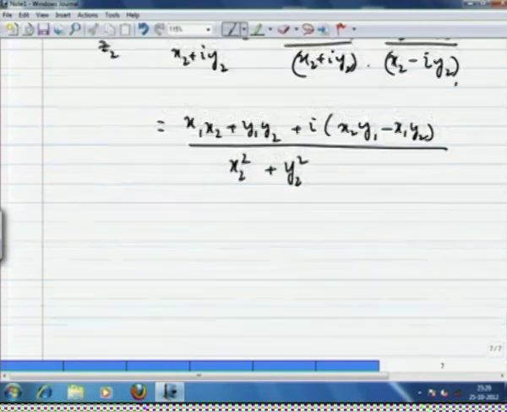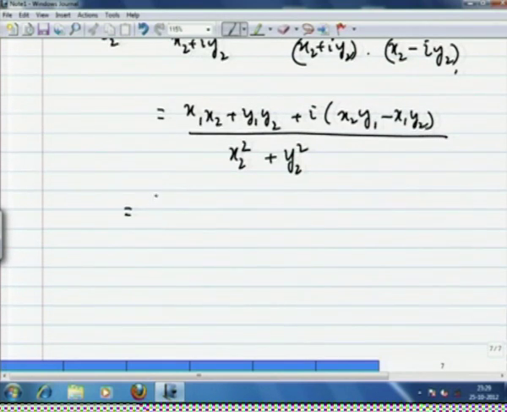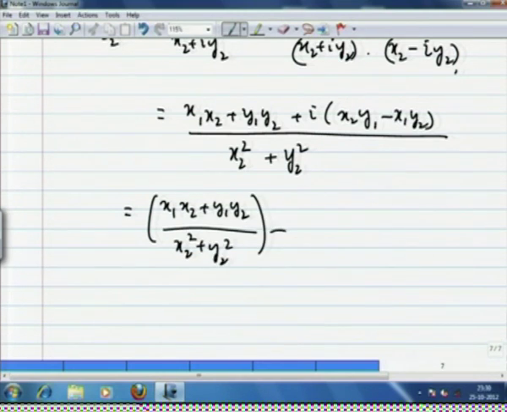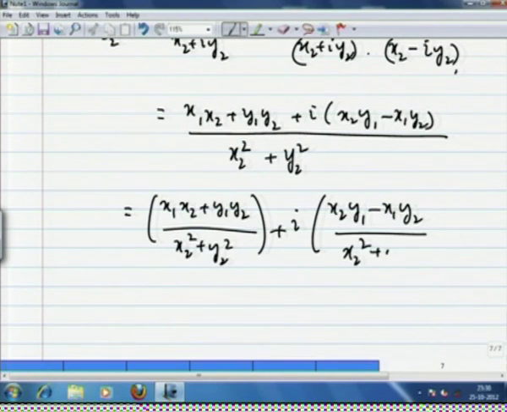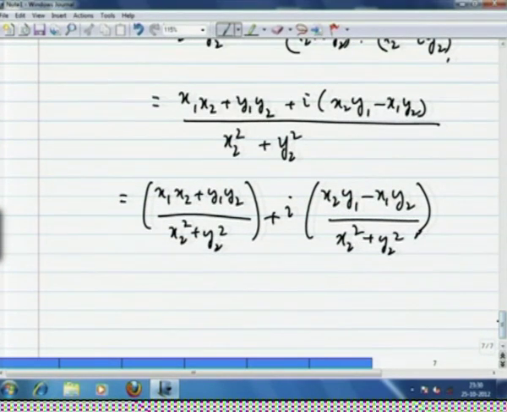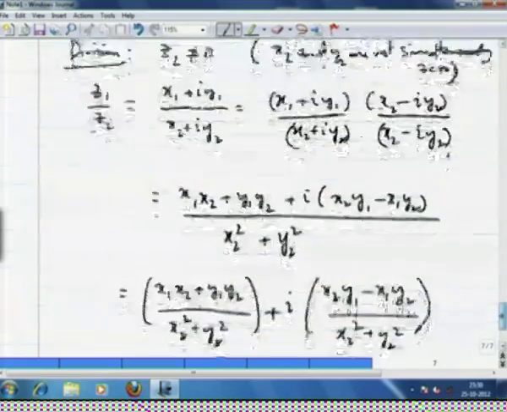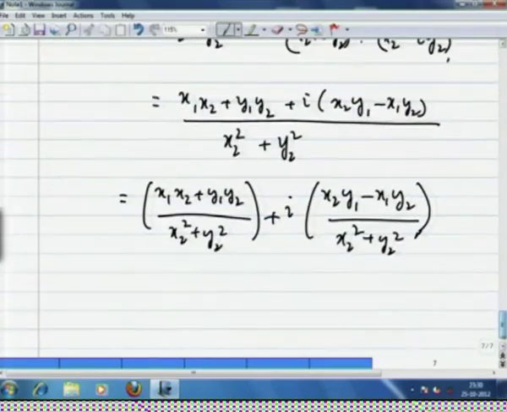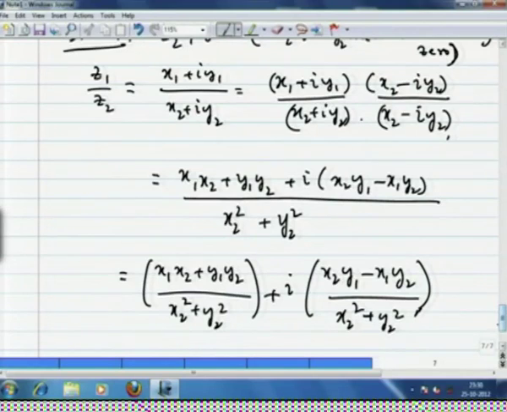Then we can divide this into its real and imaginary parts: (x 1 x 2 plus y 1 y 2) divided by (x 2 squared plus y 2 squared) plus I times (x 2 y 1 minus x 1 y 2) divided by (x 2 squared plus y 2 squared). So, we are now able to write z 1 by z 2 in the form a plus I b by using this process.